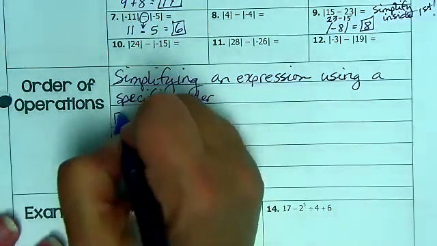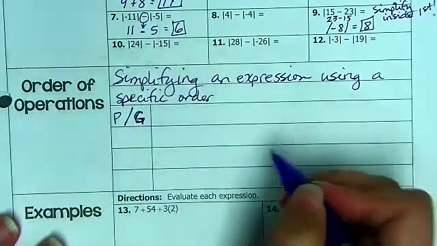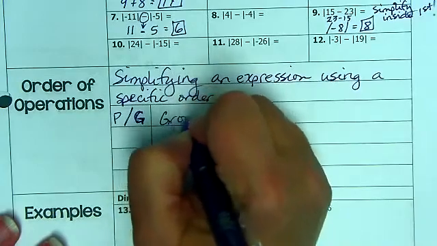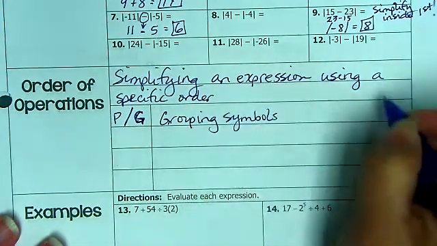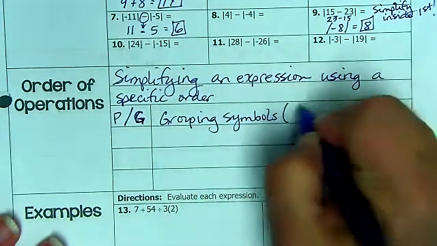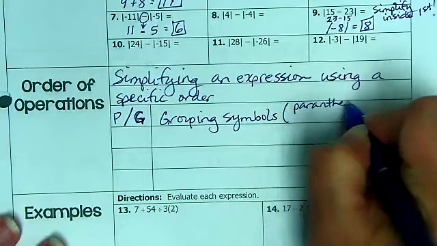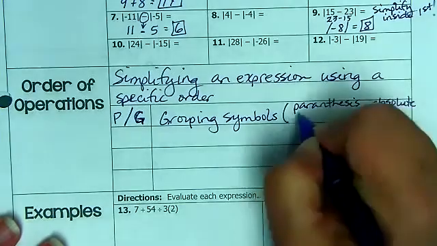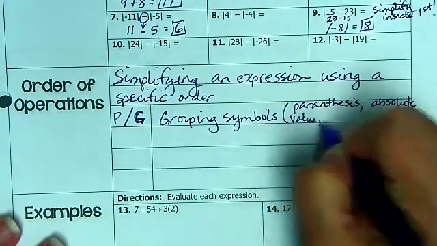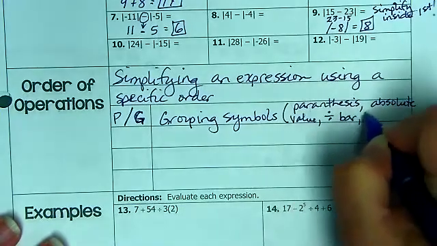The one you probably remember from last year is P. I like to refer to it as G. I like the G versus the P, but it's standing for grouping symbols, which are parentheses, absolute value symbols, the division bar, and brackets.